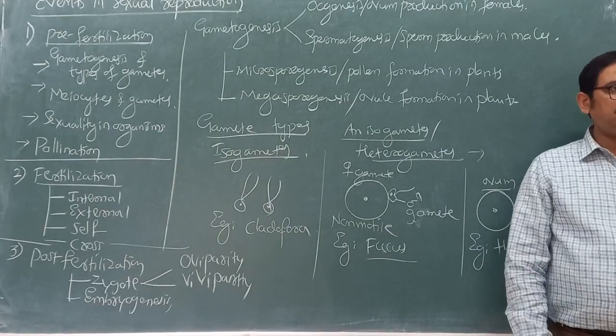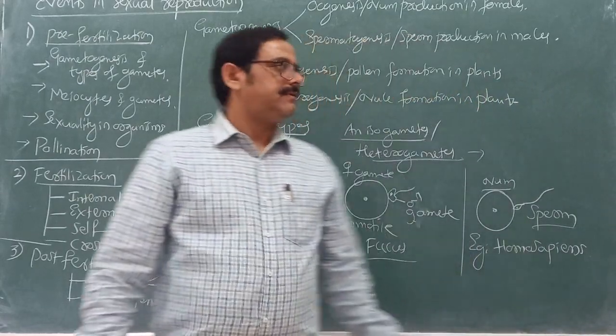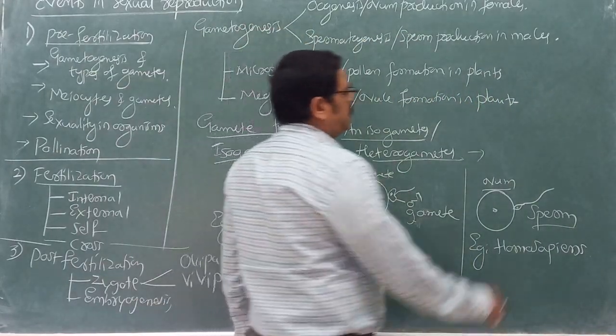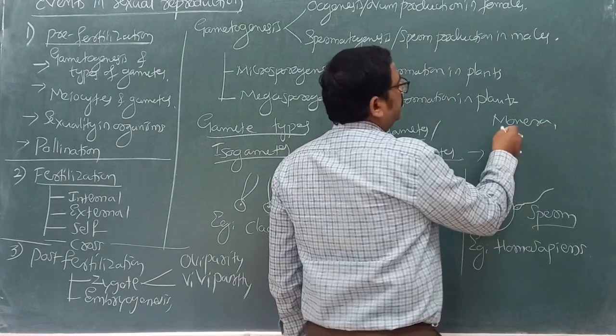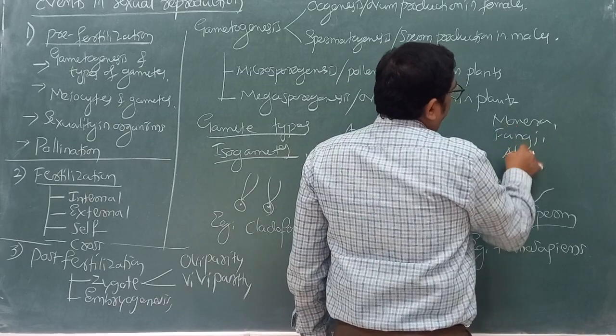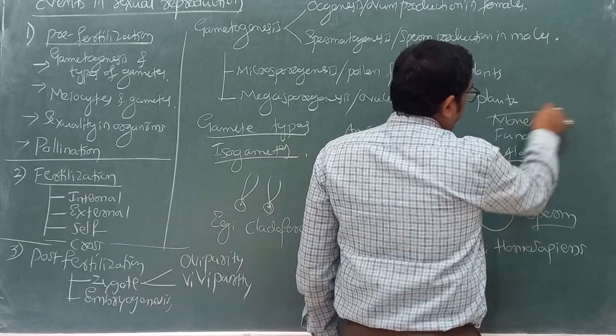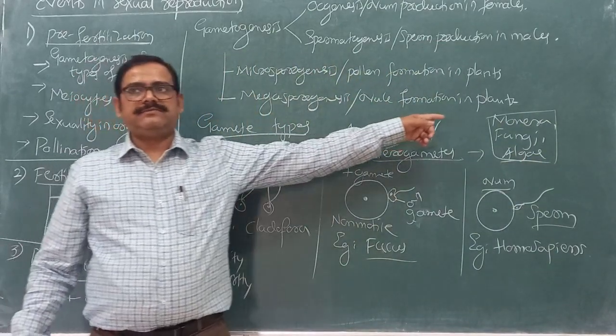Please make a note of that. Lower organisms such as Monera, fungi and algae have both male and female gametes motile.